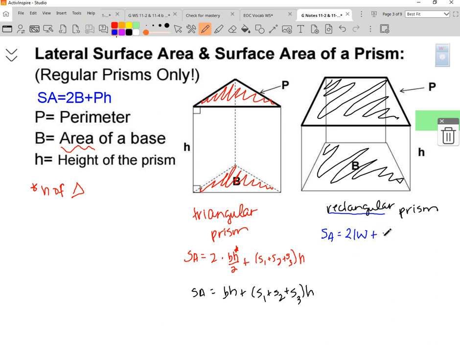Plus the perimeter of the base times the height of the prism. The perimeter of a rectangular base is 2 times the length plus 2 times the width, or I just add up all 4 sides. Remember.